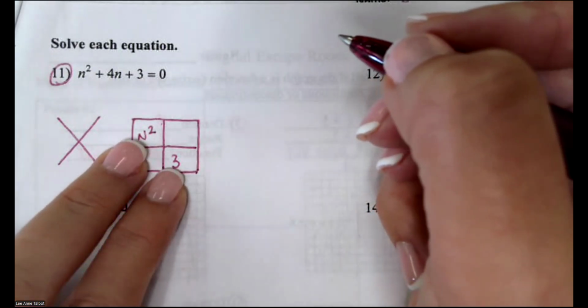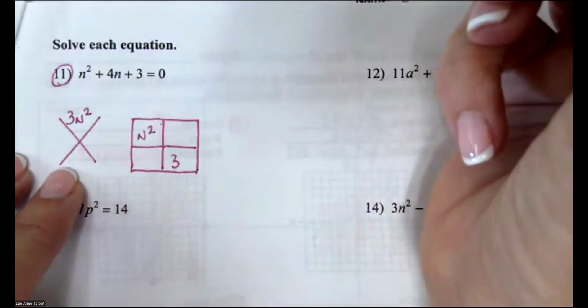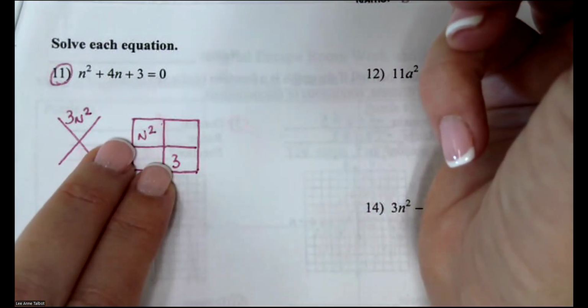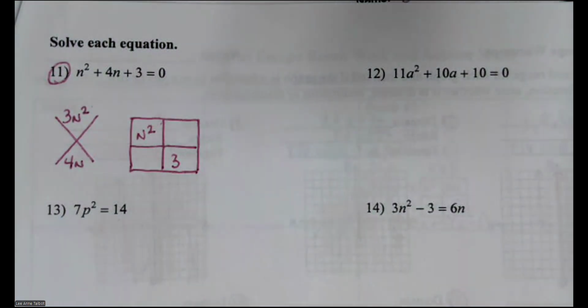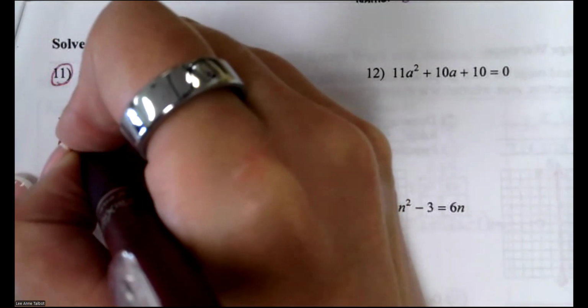You multiply those two things to get the top of the diamond. The middle term, the B term, goes on the bottom of the diamond. Okay, and then you think, what multiplies to be 3 and adds to be 4? 1 and 3, beautiful. So I'm going to say 1n and 3n.